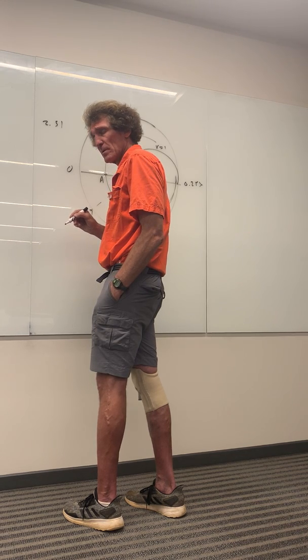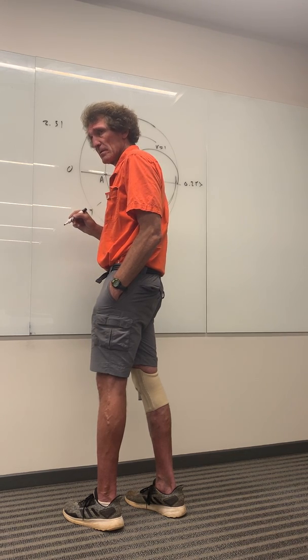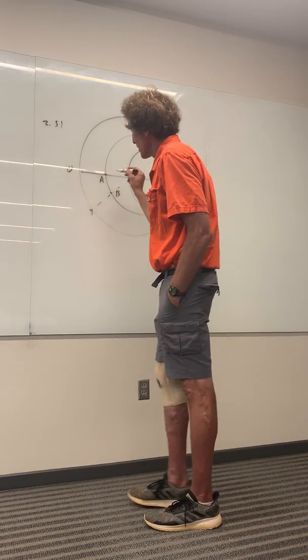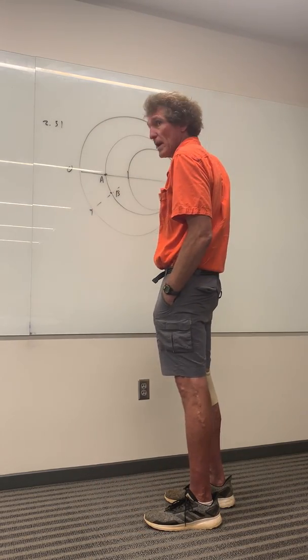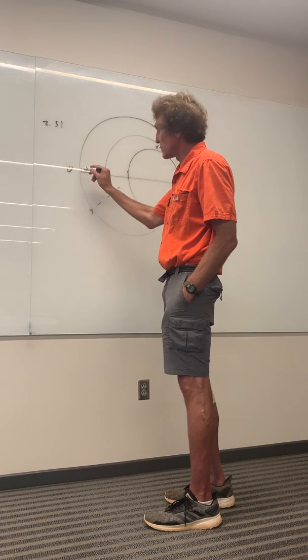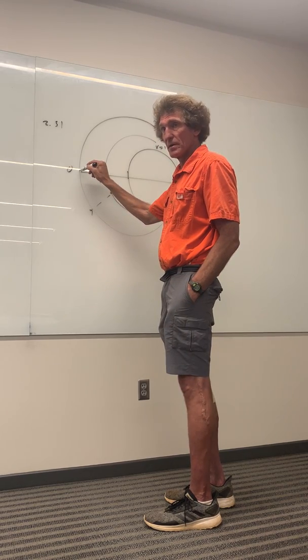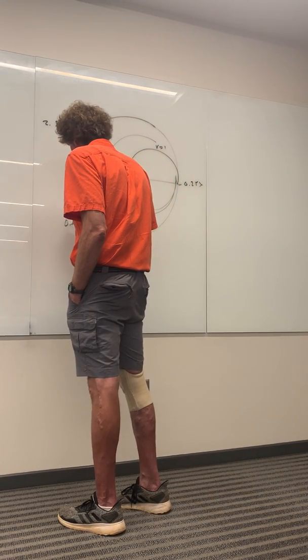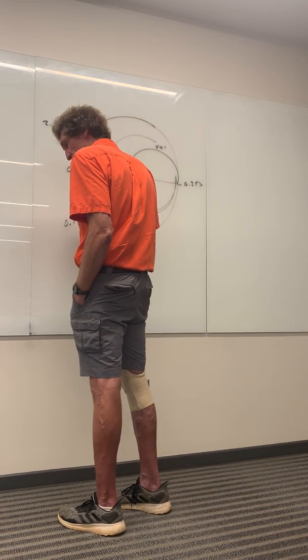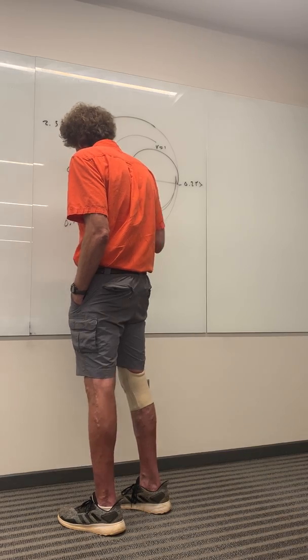This is 0, right? Go all the way right here, that's 0.25. These numbers are between 0.25 and 0.5, aren't they? Yes, it is 0.35 lambda.